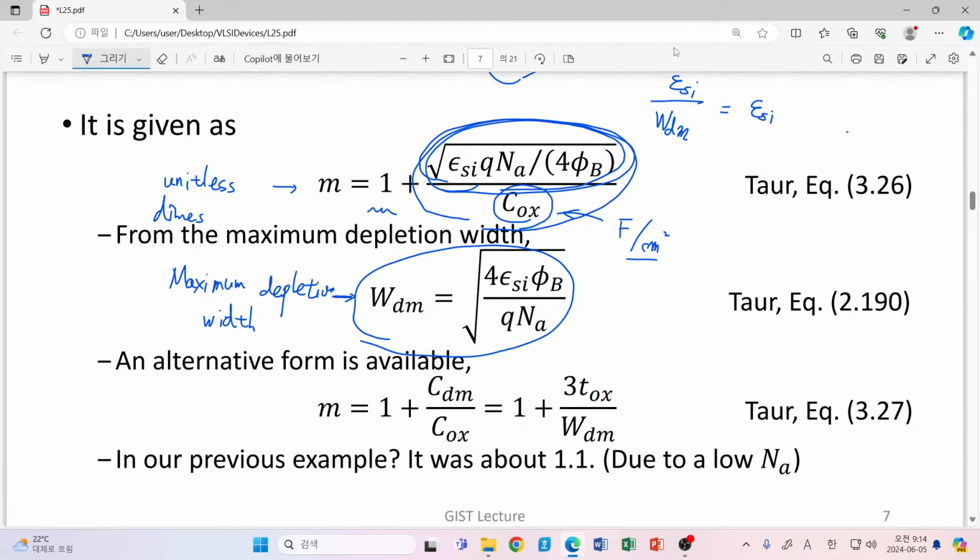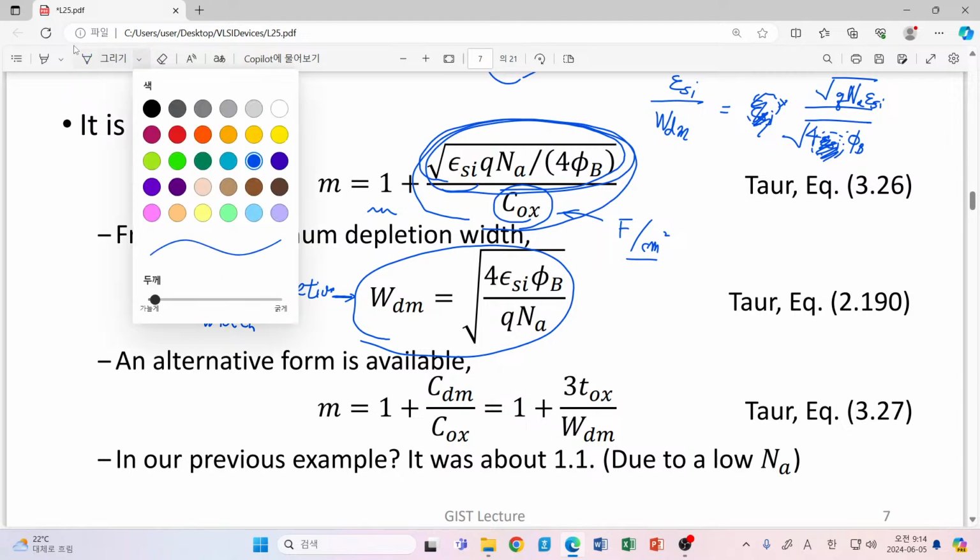Epsilon silicon and inverse of WDM can be just written as, yes, here we have a silicon epsilon phi b, and here we have q times NA. Then of course here we have epsilon and epsilon, so that will give us just epsilon silicon here, and you can easily identify the upper part shown here.